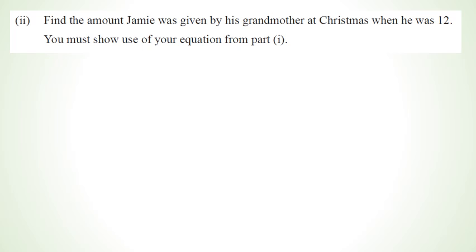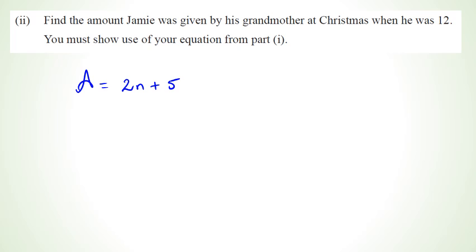With this question they're asking to find the amount Jamie was given by his grandmother at Christmas when he was 12. It says you must show use of your equation from part 1. Now part 1 was worth achieved. So you have the equation, which is A equals 2n plus 5. That's from part 1.